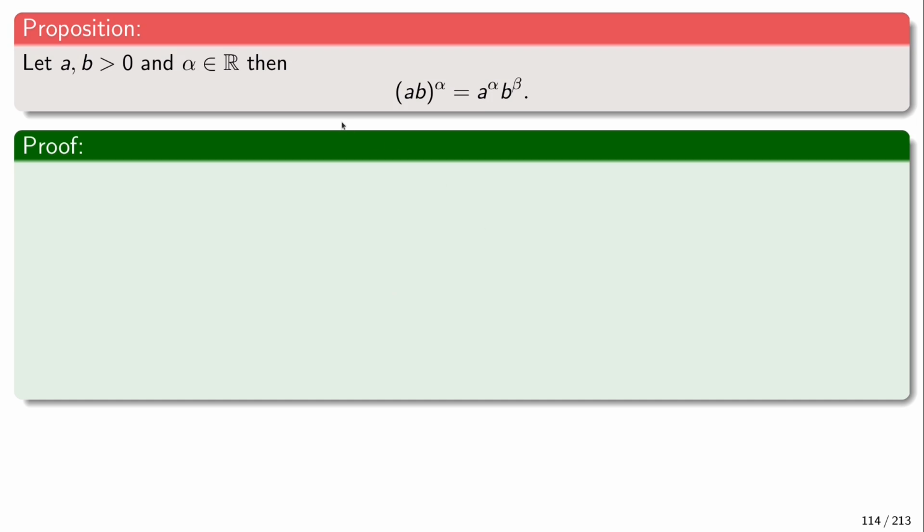Okay, and now let's prove another law of exponents that is valid for the real numbers. It seems obvious, but when you prove it the first time, you have to take all the steps. Again, this is known for rational numbers, but to prove it for the real numbers, we need to do this limiting process. So we can choose a sequence Rn of rational numbers that converges to alpha.